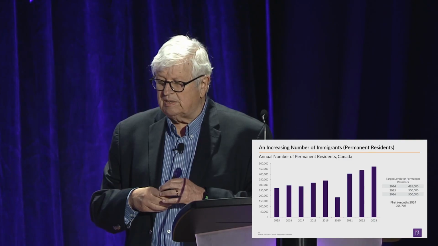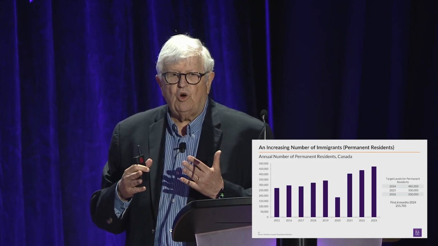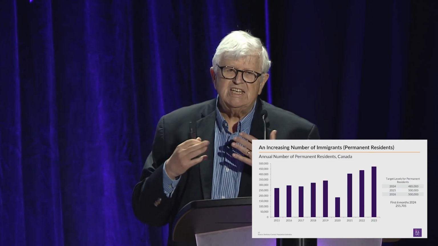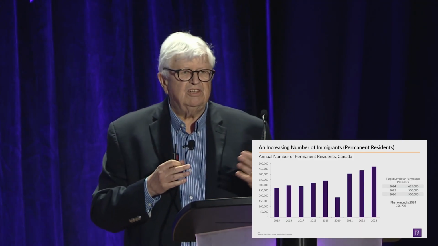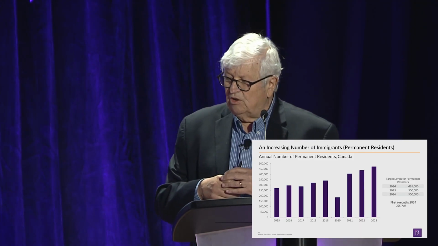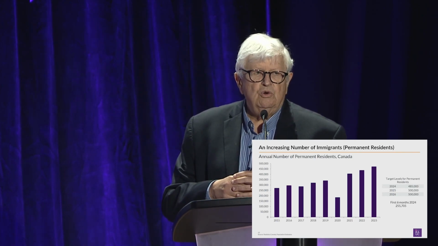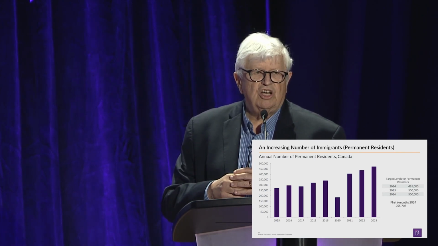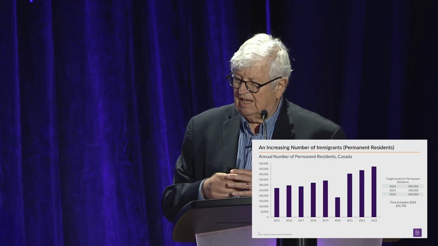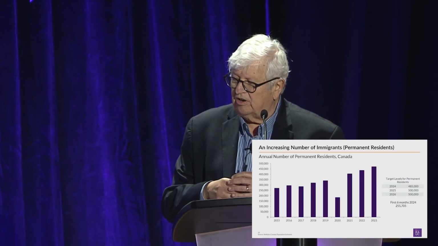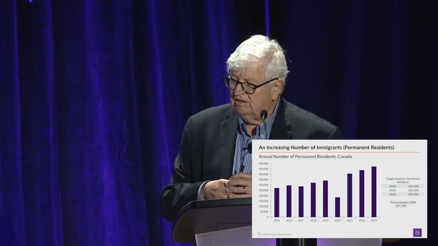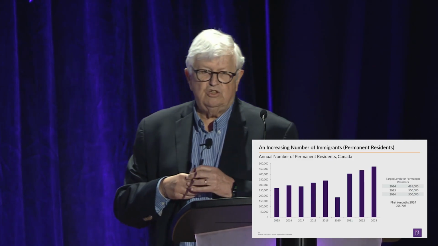And this year we're expecting somewhere around 485,000, nearly double the traditional levels pre-pandemic. And those levels are set by the federal government once a year, who announce immigration targets for 3 years. The latest targets being for 485,000 this year and 500,000 for the next 2 years.